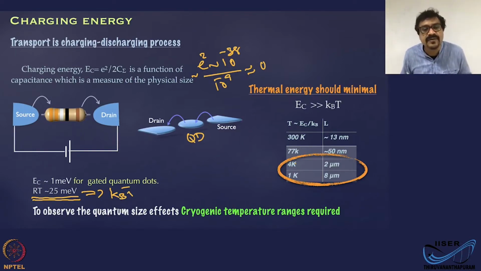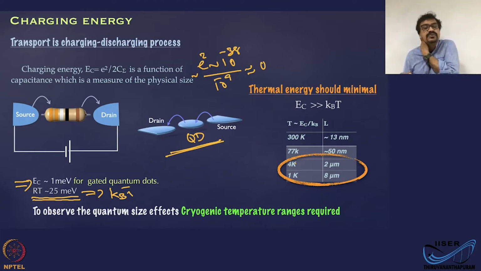So if you have a charging energy of, say, a milli electron volt, and you try to run a current through the system, you can easily run it even at a really small voltage, because room temperature itself is going to populate or depopulate this region by thermal fluctuations. So you can easily run a current through it. You don't need really high energy. You don't need to apply any extra energy. But that is not the case always.